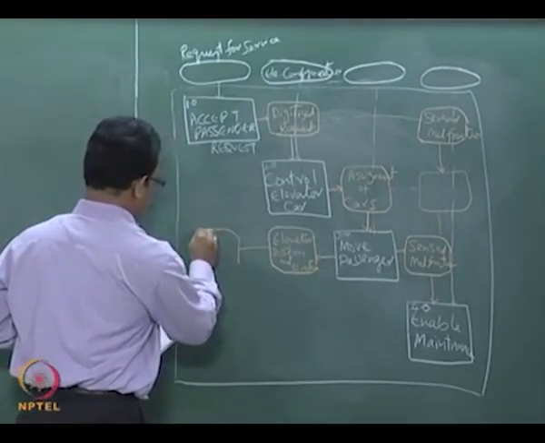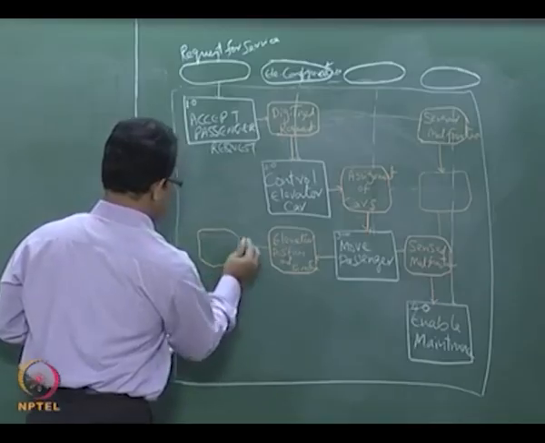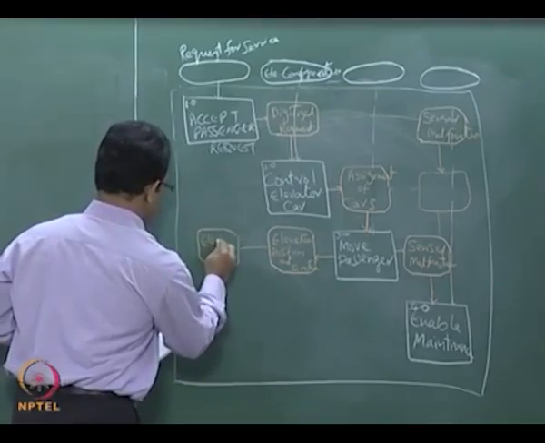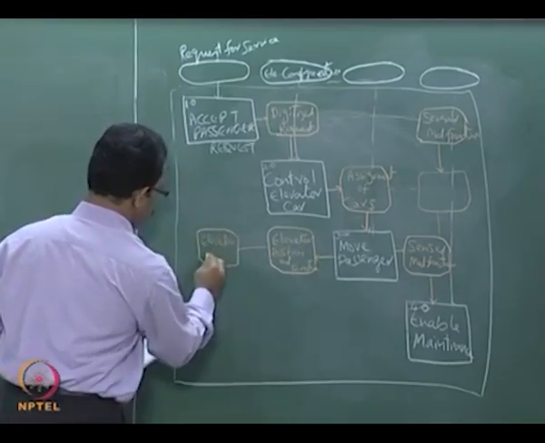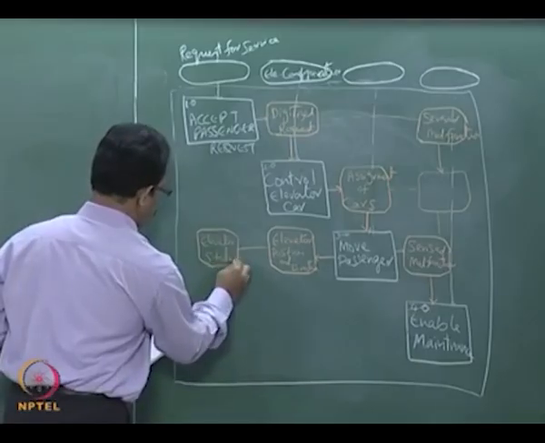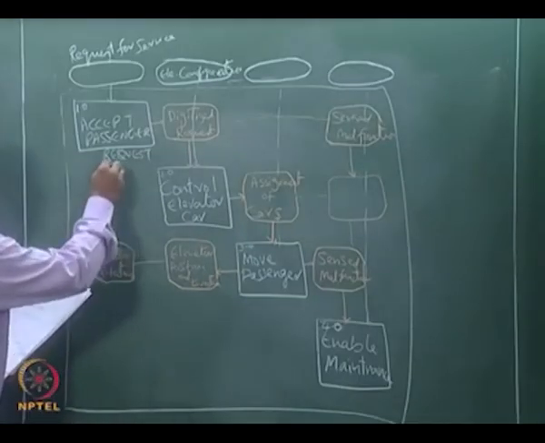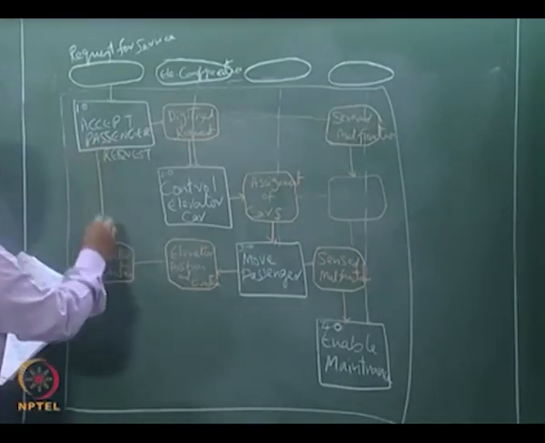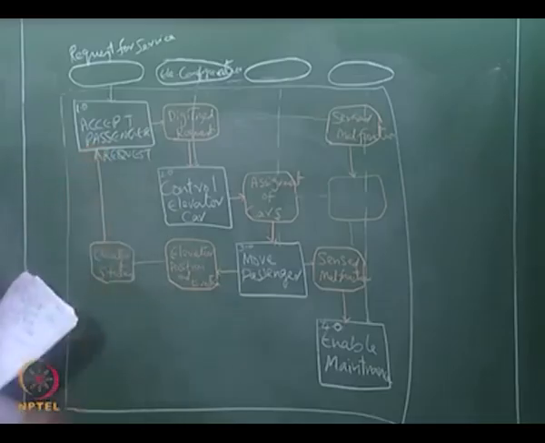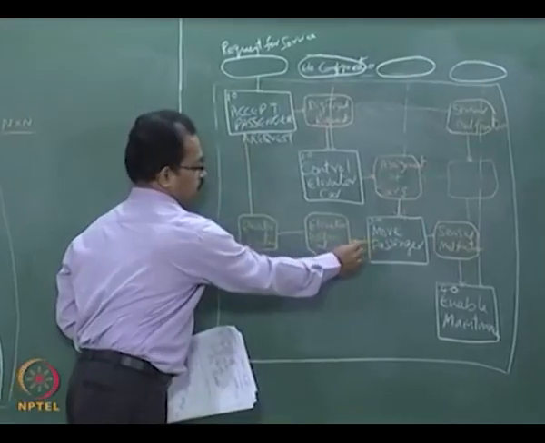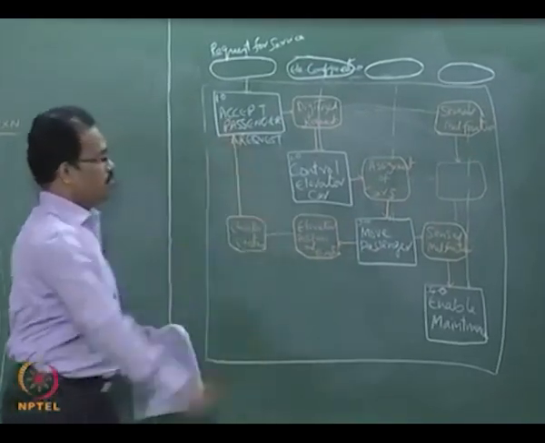So the complete elevator status will be generated here. So elevator status, and that will be going as an input to the accept passenger request function. This is the output from here which is coming as a feedback to the first function.